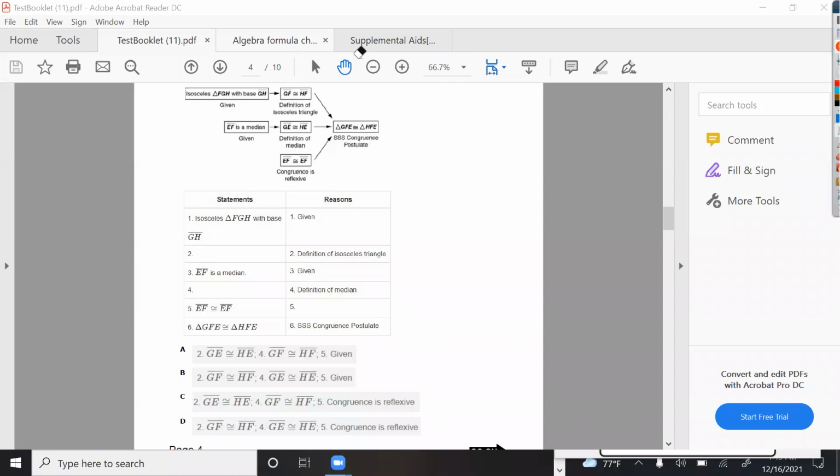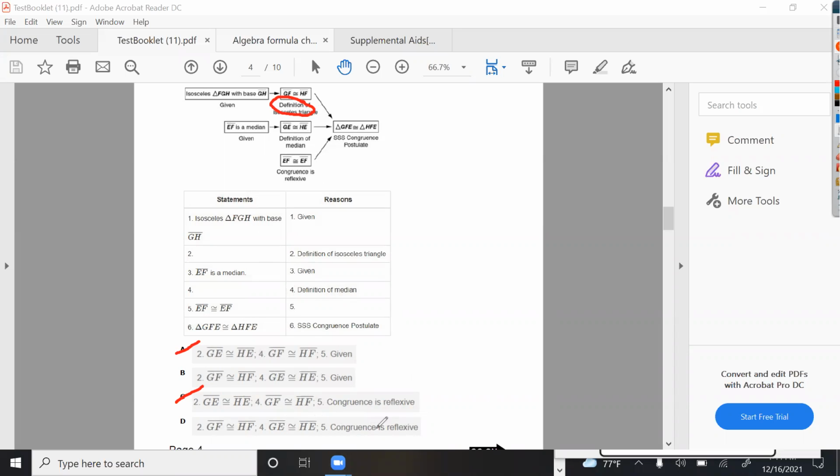Yeah, GF is congruent to HF. So this says GE, this says GE, we're down to 2. And then definition of median is right here, GE and HE. And then part 5, EF, that's the reflexive property.